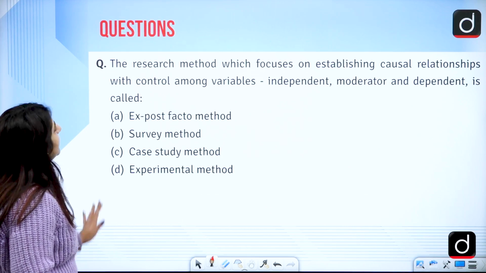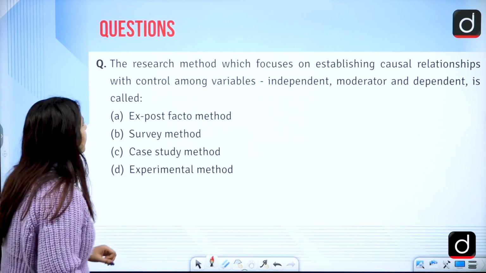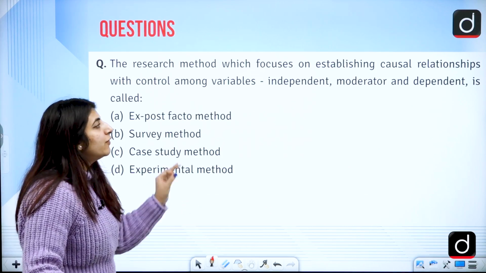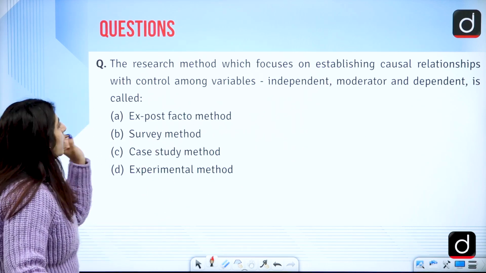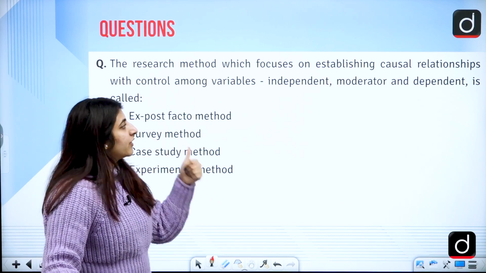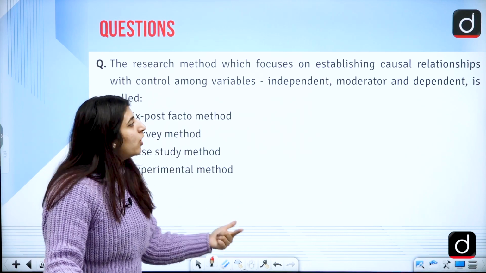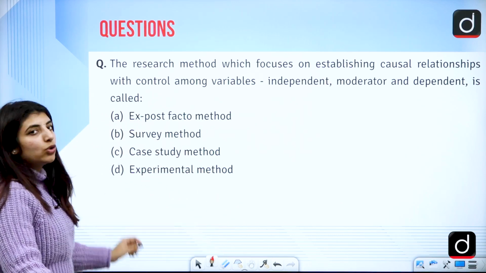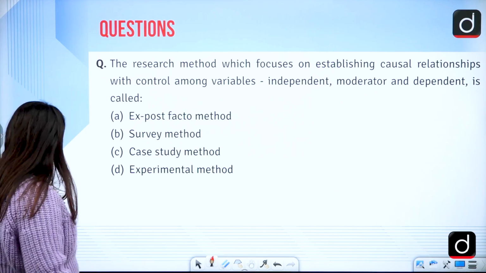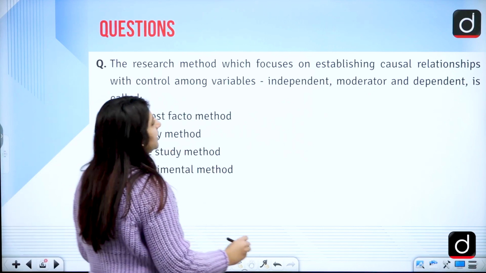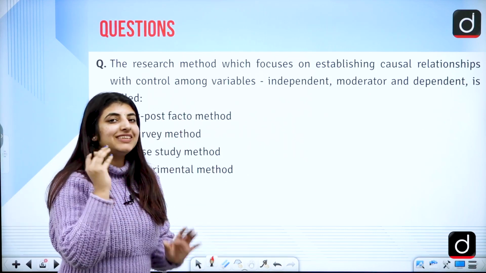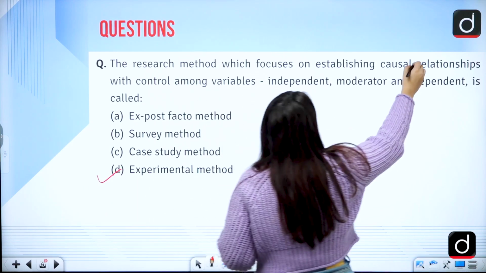Moving forward with the second question that we have for today, the research method which focuses on establishing causal relationship with control among variables, but variables independent, moderator and dependent, is called. The answer to this question is option D. Because we are talking about, first of all, students tend to read this word as casual.